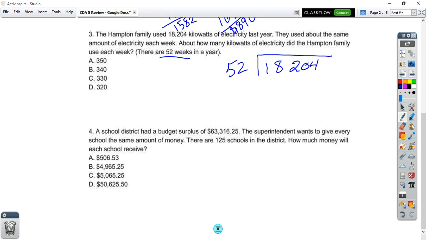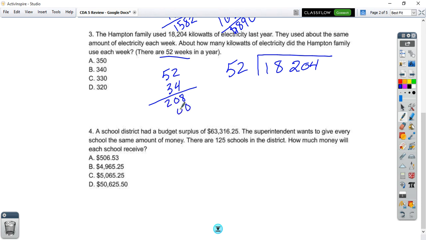I would do the same strategy to multiply, but you can do whichever. I would multiply maybe. So we're going to use that same strategy. 52 times 340. I'm going to ignore this 0 for now because it's not needed. 4 times 2 is 8. 4 times 5 is 20.